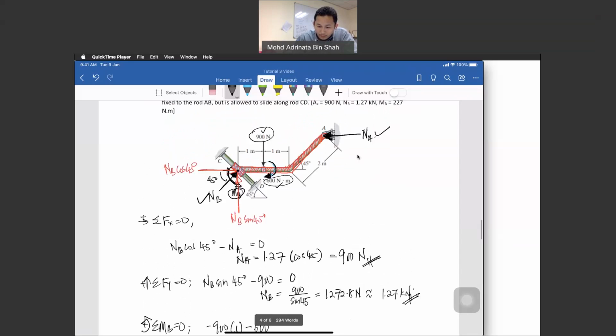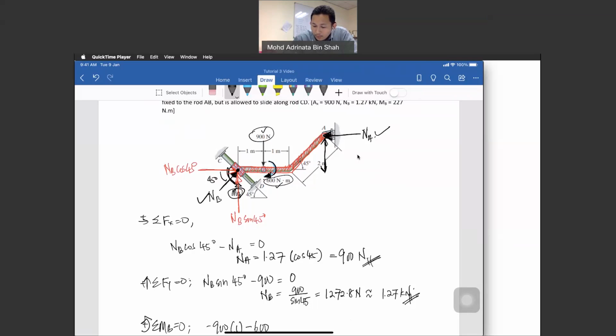And then we have NA. Okay, NA is at point B, so we need to find the distance between the points.